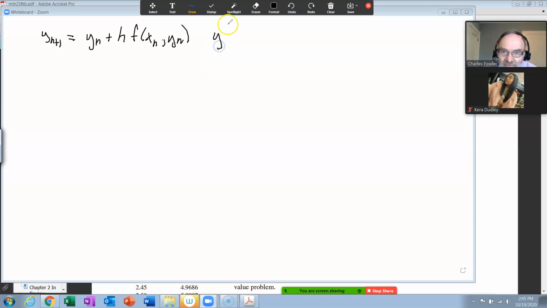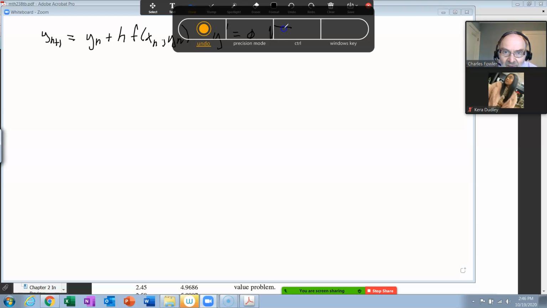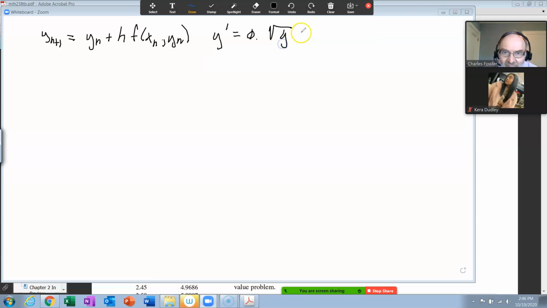Y prime, this is our differential equation, is equal to 0.1 times the square root of y plus 0.4 x squared, with the initial condition that y at x equal 2, y would be 4.